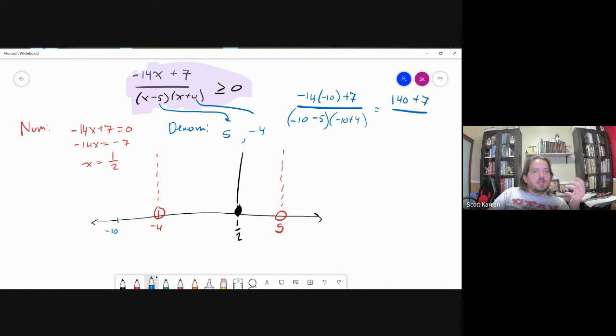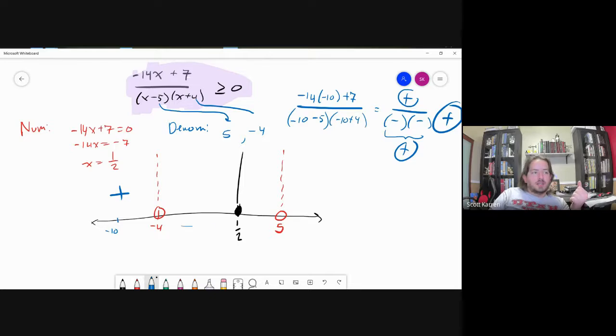In the bottom, negative 10 times negative 5 is negative, right? Negative 10 plus 4 is negative. And that's all I really care about. This 140 plus 7 is positive. So the negative times the negative in the denominator is a positive. A positive divided by a positive is positive. I don't care how positive. I just want to know that it's positive.